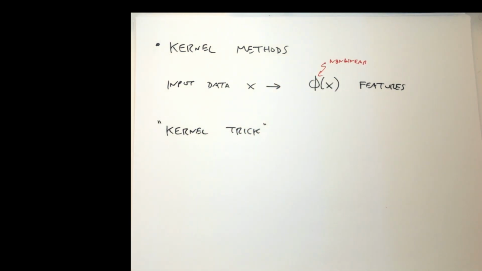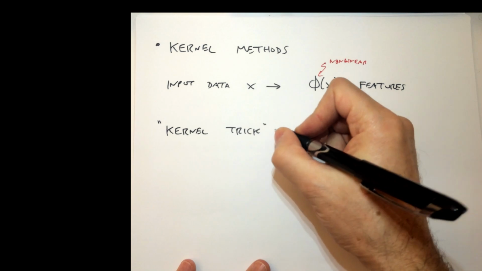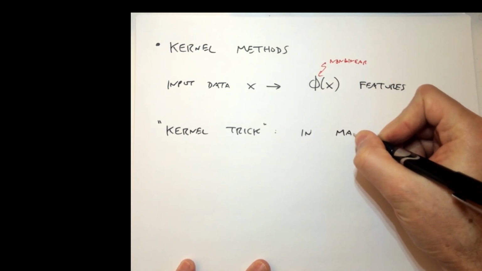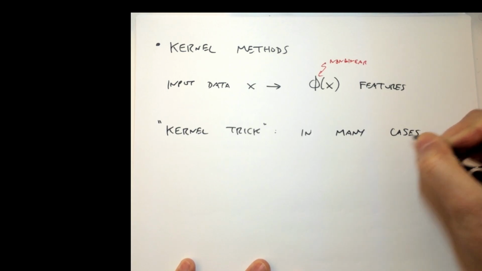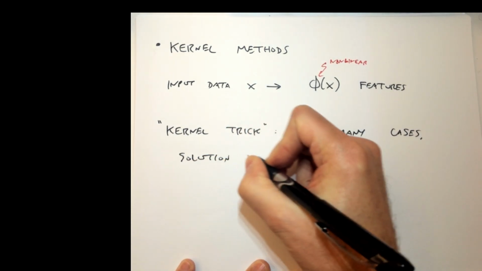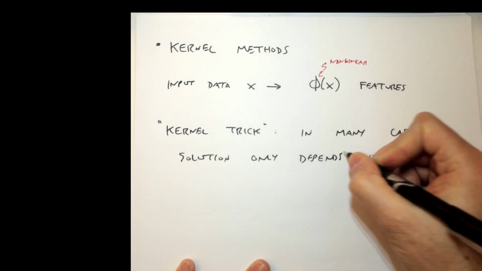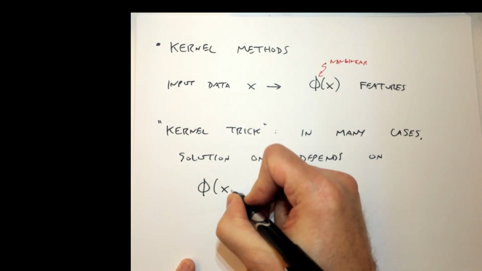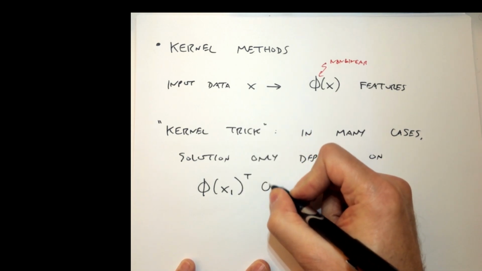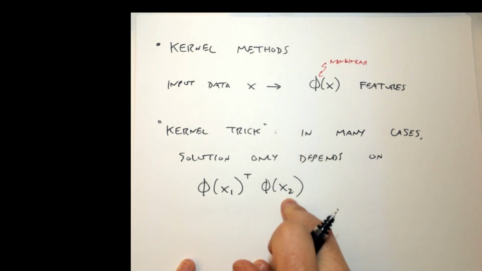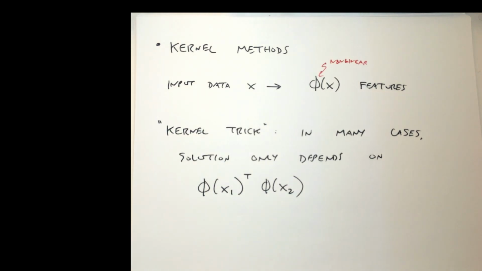So there was this thing that everyone started being excited about called the kernel trick. The observation was that when you transformed your data into feature space, oftentimes the only way your problem solution depended on phi was in a certain way. In many cases, the solution only depends on functions of the form phi of x1 transpose phi of x2 for two different data points, right?